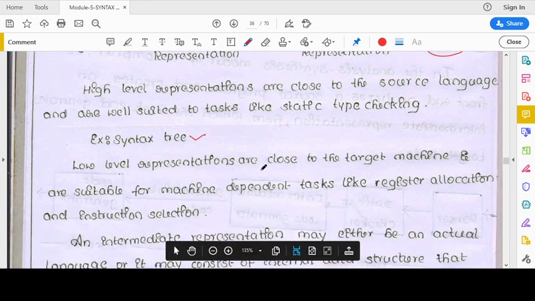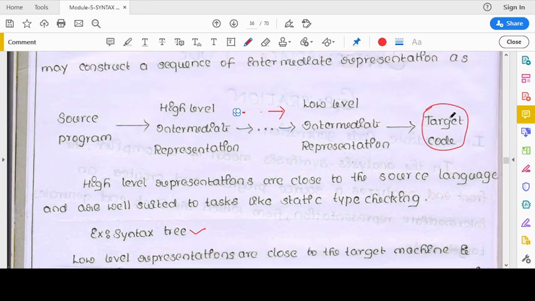Low-level representations are close towards the target code, right? As we know, target code is nearly the machine-understandable code. This is about the machine code, right? So this is the high-level code which we write. Most of our programming languages are high-level programming languages, so we need to convert it into machine level, right?